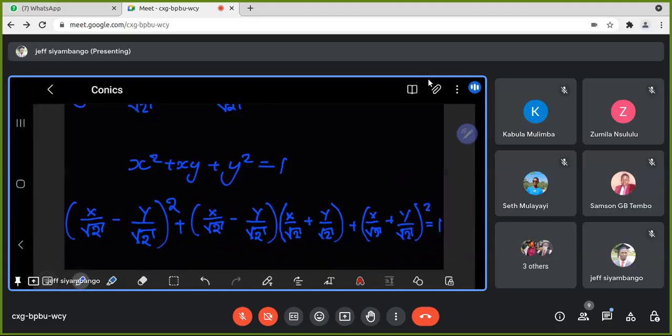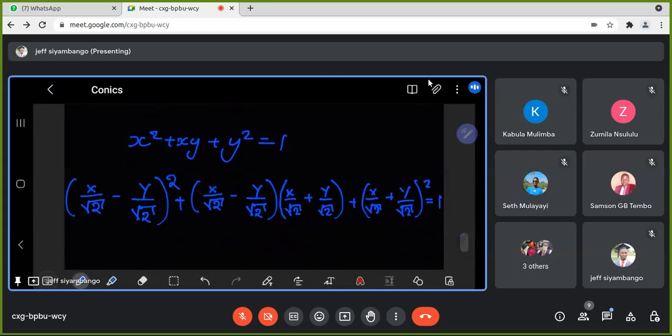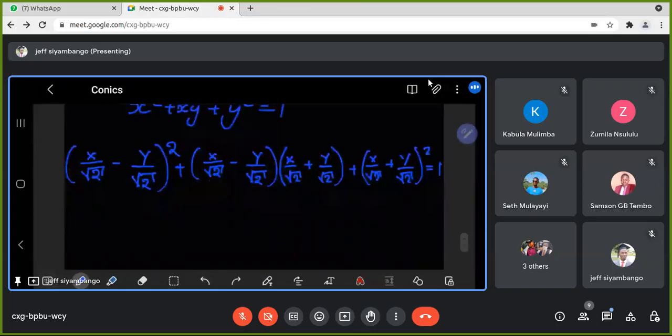So now we just have to simplify this and work out what we have. Notice that where the cross product is, you always end up with the difference of 2 squares there. That is what is going to sort it out. So let's see how it reduces. When I expand this, I'll try to do it a little bit fast. So that is going to be x squared over 2, minus 2xy over 2 here.